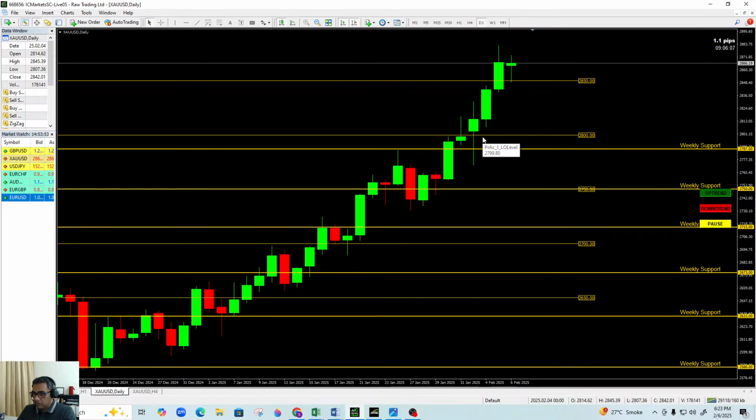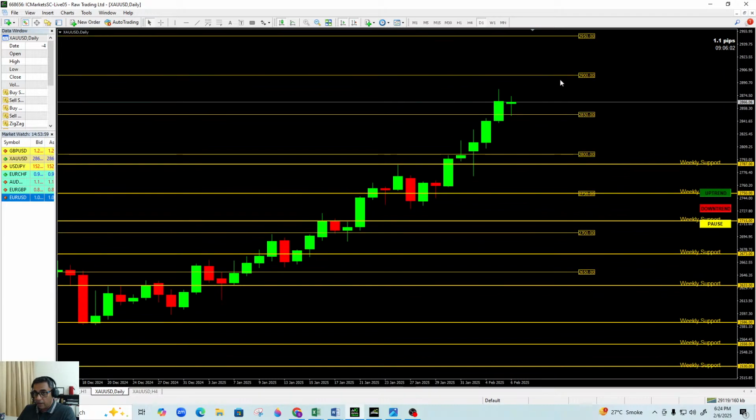Then I said that a similar thing has to happen on the lower time frame for price to head higher, right? This is on the daily. We got to see something similar happen, maybe on the 4-hour or the 1-hour, or maybe even on the 30 minutes. But usually, if you see it on the daily, and if price is trending hard in a single direction, this happens when price is trending, right?